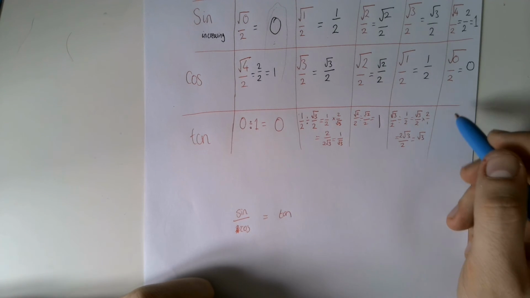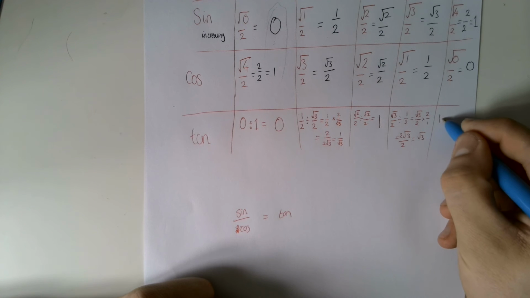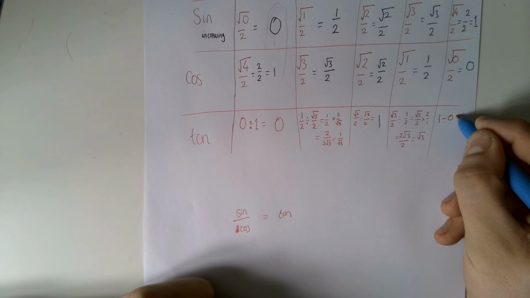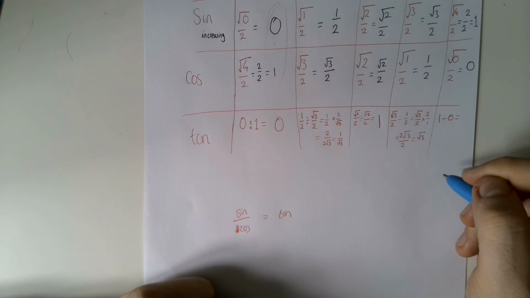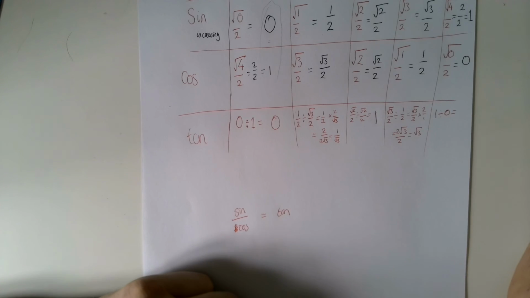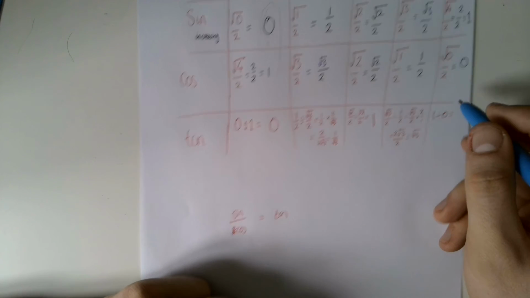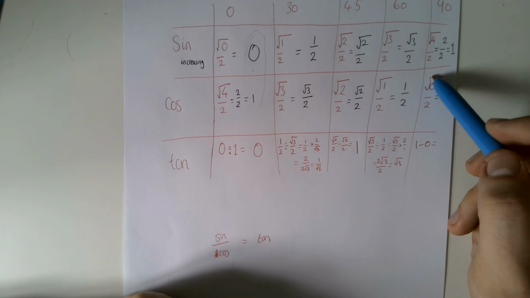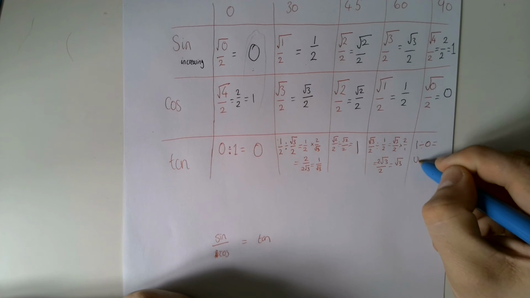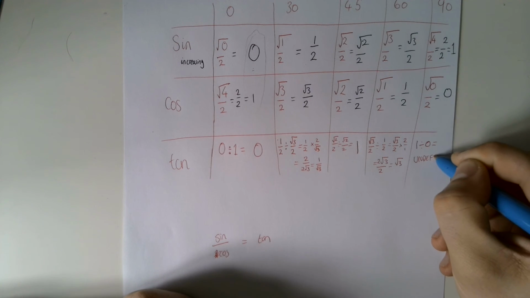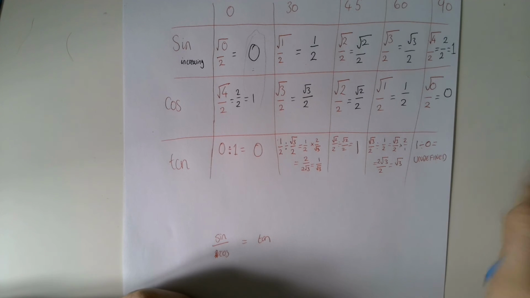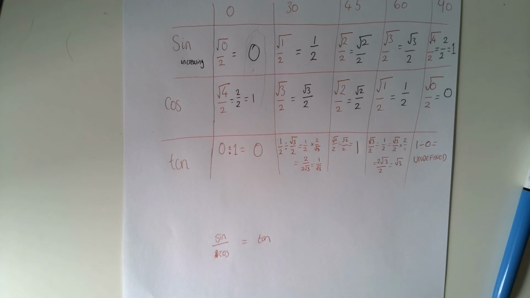Okay, and finally, we're wanting to do 1 divided by 0. Now, you should know, when you try to divide anything by 0, it's not defined. We can't do that in maths. So actually, the value of tan 90 is undefined. You won't be asked that in an exam, but it is just good to be aware of, for completion.